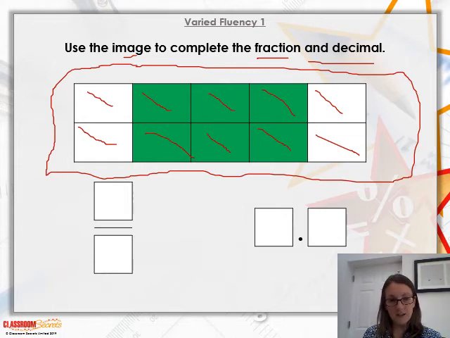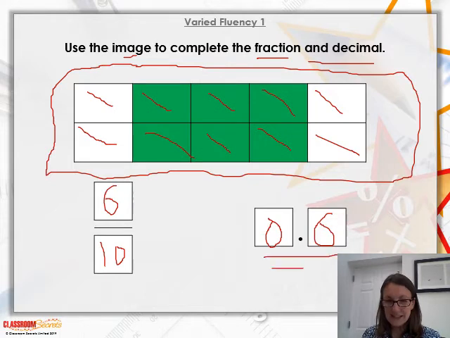Hopefully you've recognized that 6 out of 10 parts are shaded. And I know how to write 6/10 as a decimal. It would be 0.6. And hopefully if I said to you, well, what is 6/10?